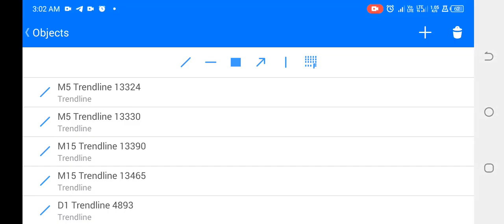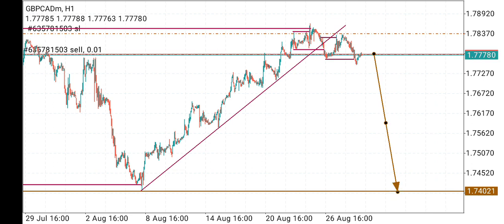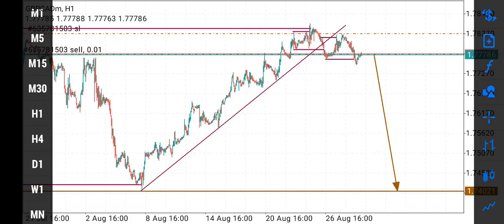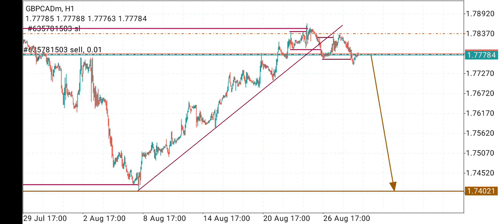So I am seeing it come down all the way to 1.74021. That's where I'm saying it will come back to.